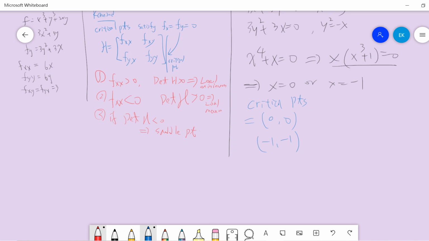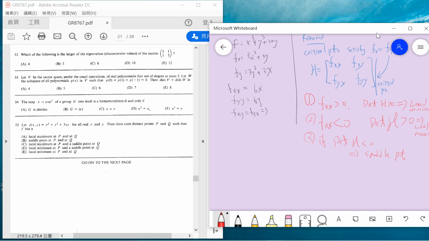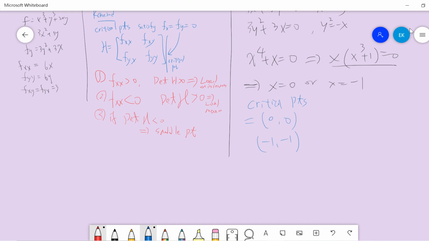So one is P, one is Q, right? And then it asks you about the properties of P and Q. So basically, we just put this data into the Hessian matrix and check whether it's condition 1, condition 2, or condition 3. Okay, so for (0, 0), by the way, the Hessian matrix is here: 6x, 6y, 3, 3.